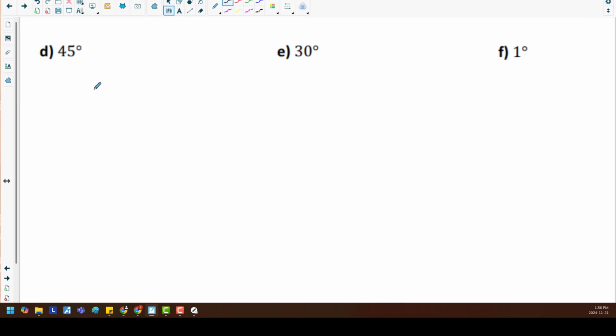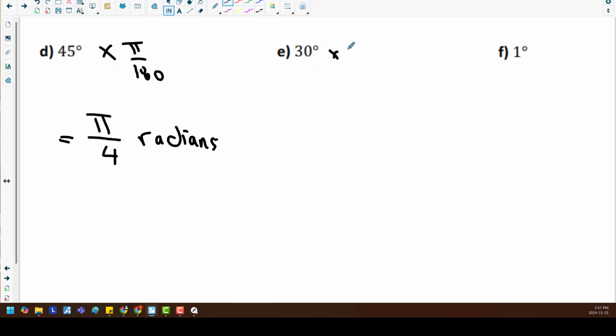So 45 degrees, same thing. Multiply it by pi over 180. 45 over 180, that is going to be pi over 4 radians. 30 degrees, same thing, multiplied by pi over 180.